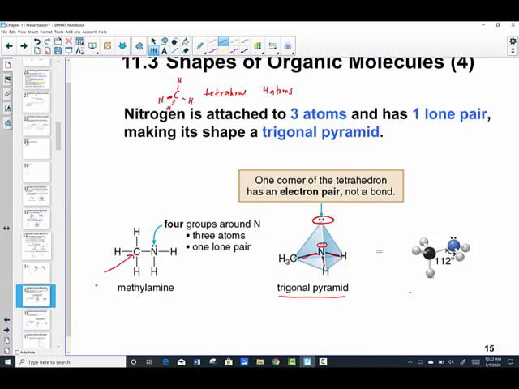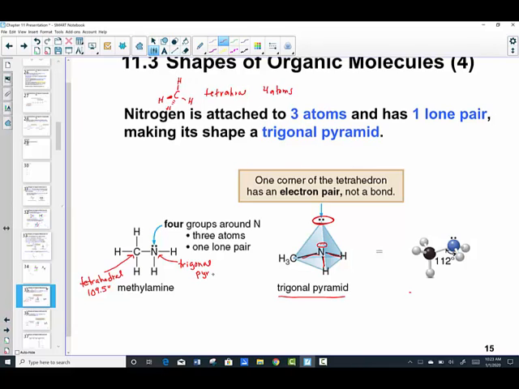This particular carbon would be tetrahedral. Its bond angles would be 109.5. This particular group right here is called trigonal pyramid.